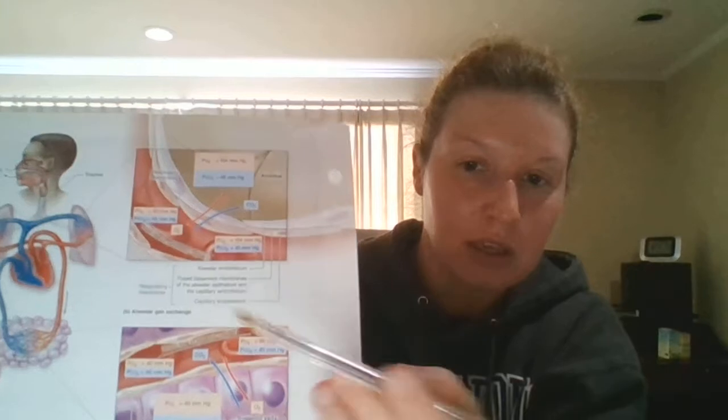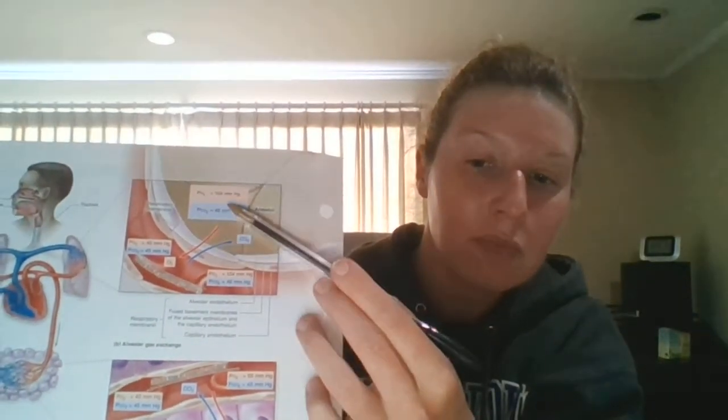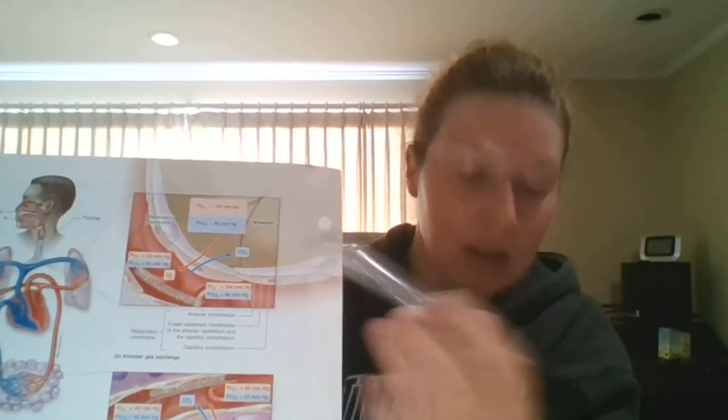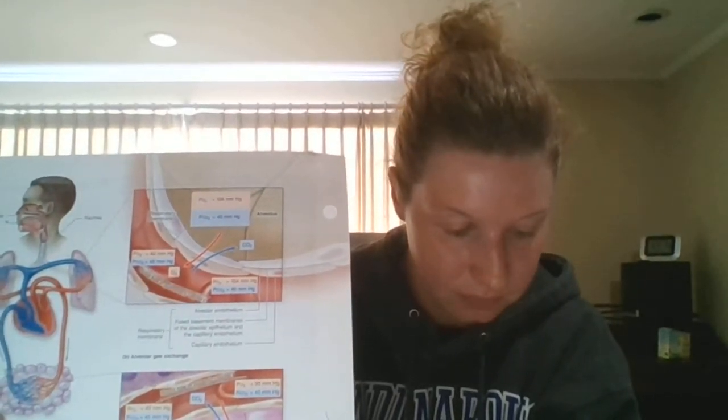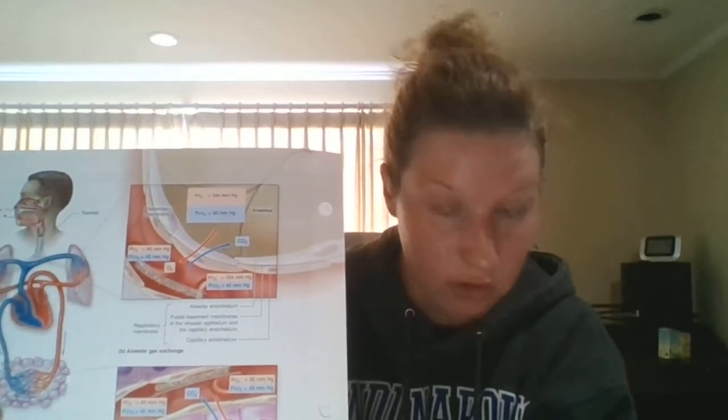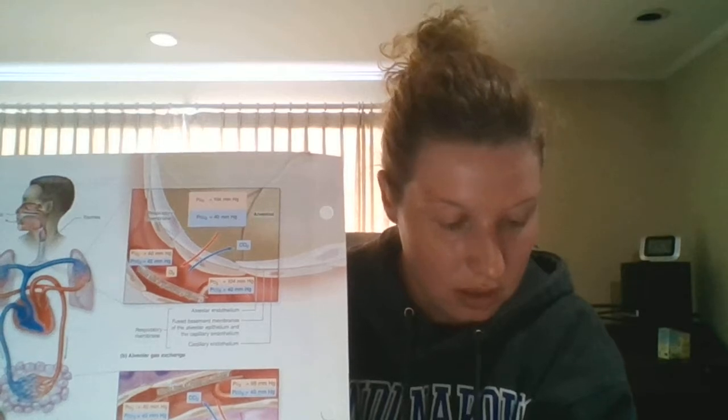If you look in this part up here, this is actually in the alveolus, so what's in the lungs, where we're inhaling room air. The PO2 in the lungs looks like 104 millimeters of mercury, and the PCO2 is 40.